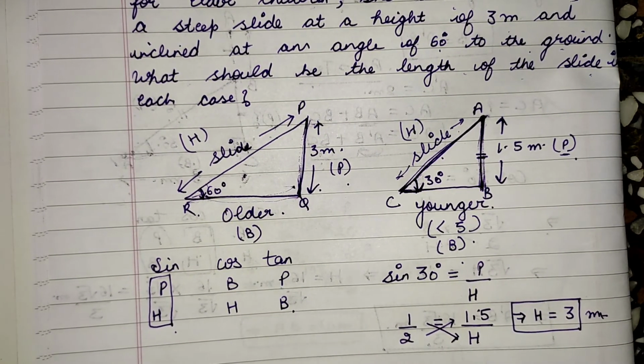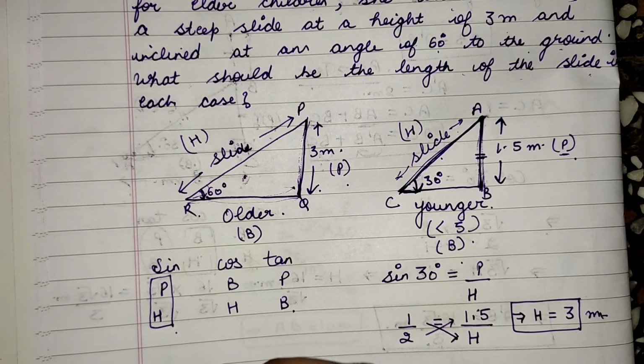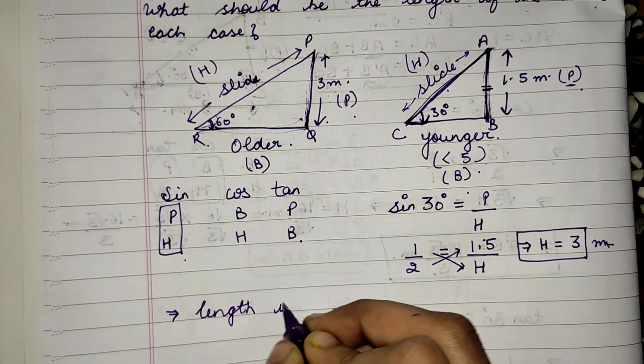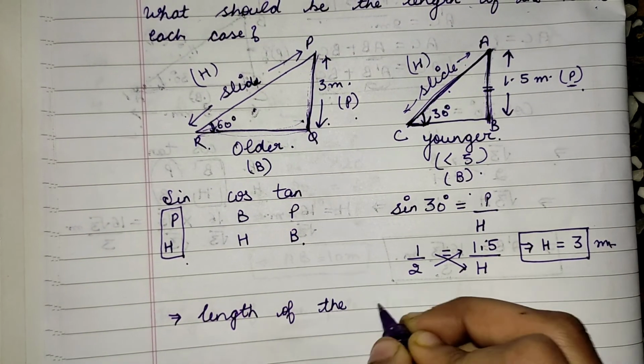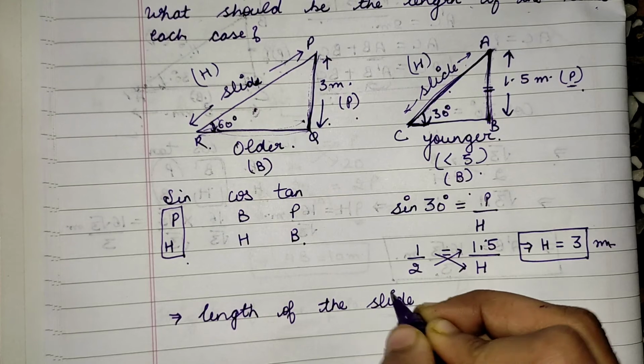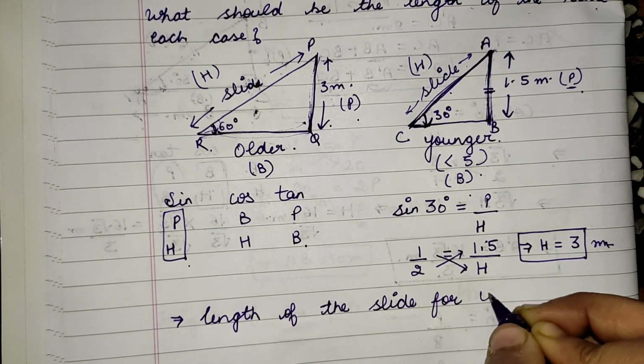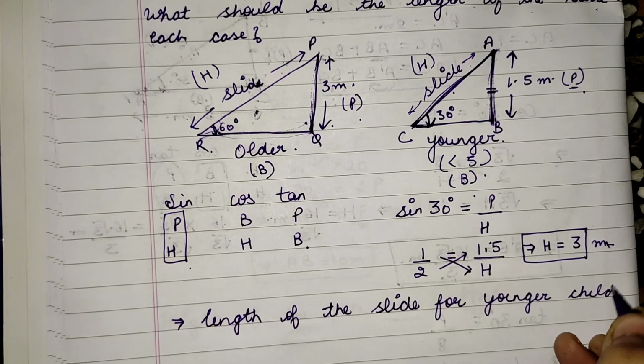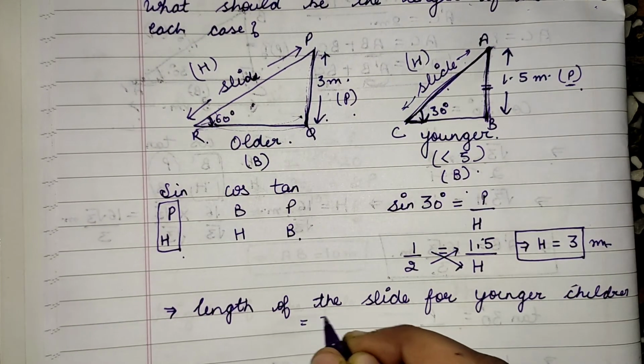So write down your answer that the length of the slide for younger children is equal to 3 meter.